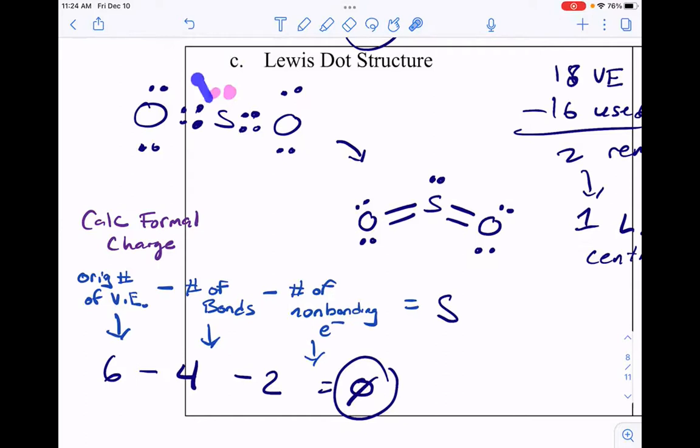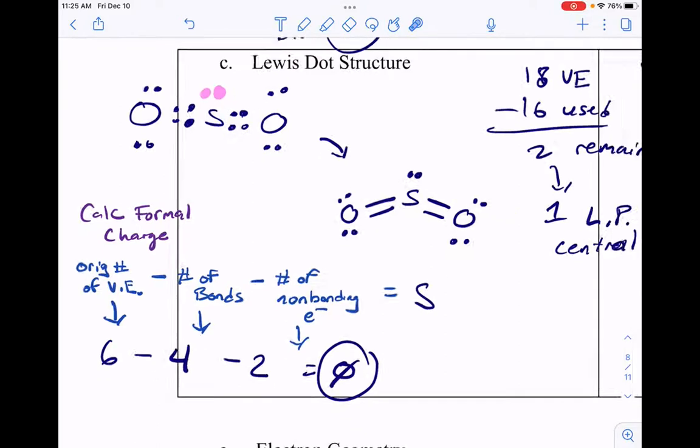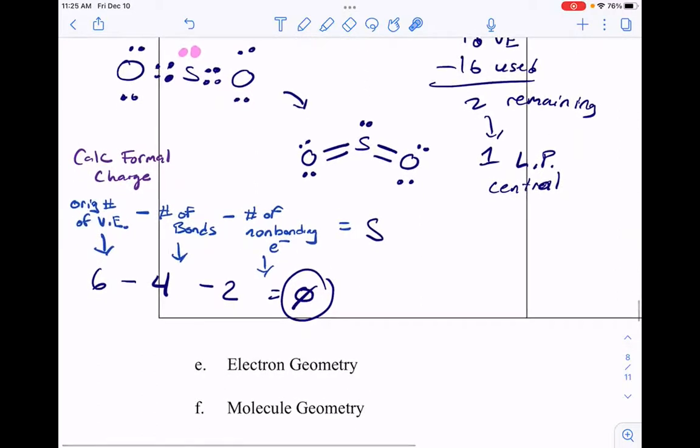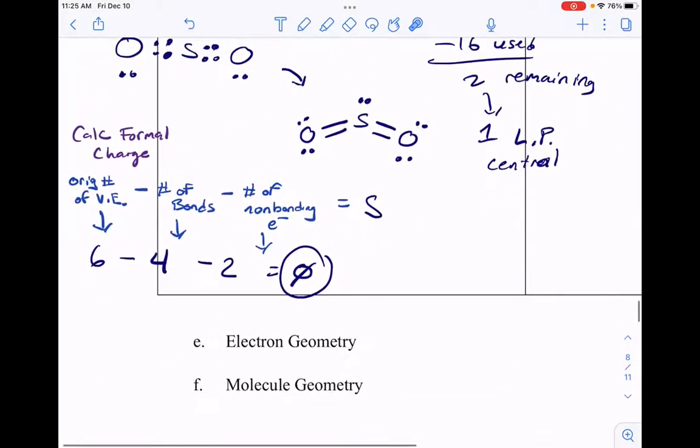Now, if you look at oxygen, I didn't break the octet rule. 1, 2, 3, 4, 5, 6, 7, 8. If you look at the other oxygen, I didn't break oxygen's octet rule. 1, 2, 3, 4, 5, 6, 7, 8. Okay. So any electrons between 2 atoms are being shared. So I can double count these electrons for both sulfur and oxygen. Okay. And so any questions on this?